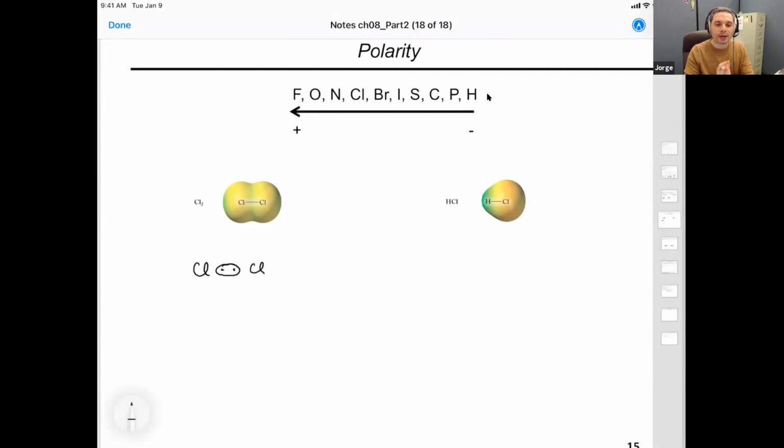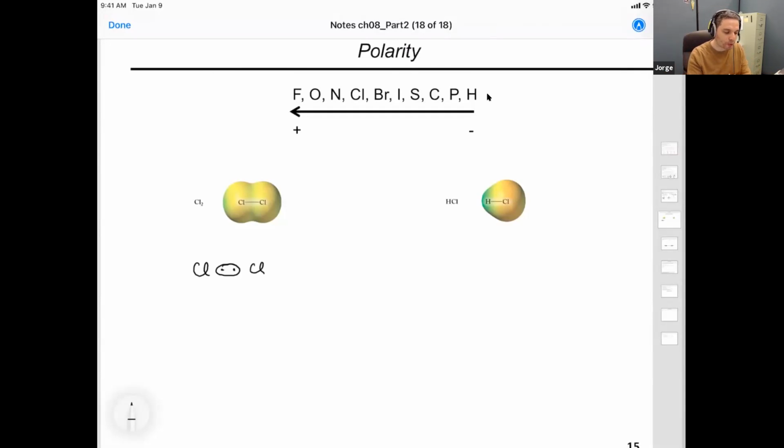There is always a competition for this pair when the atoms are present in the structure. Okay, so chlorine will compete with chlorine to attract more the pair of electrons. So let's think together. Chlorine pulls to the left, and the other chlorine pulls with the same intensity to the right.